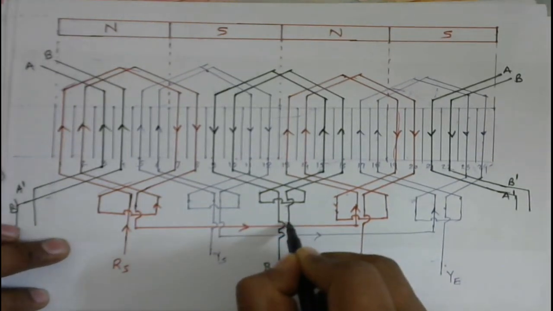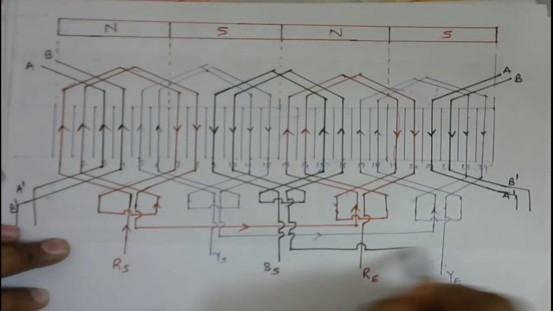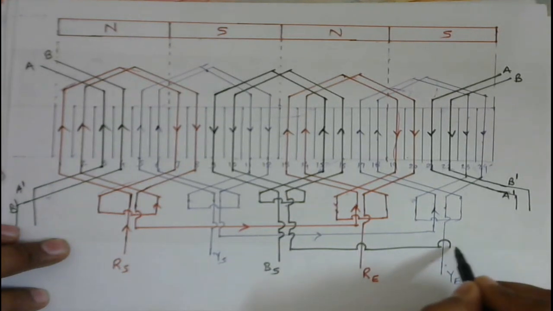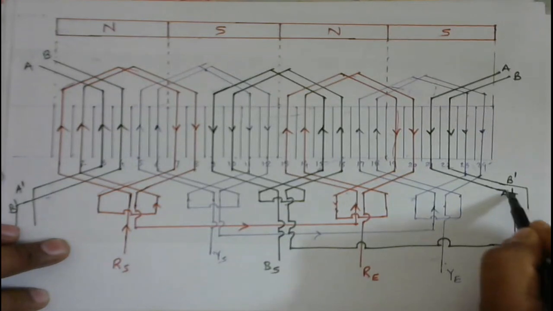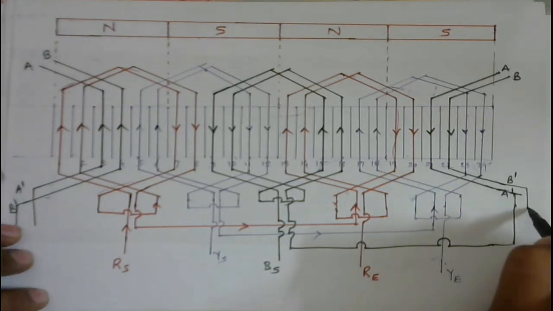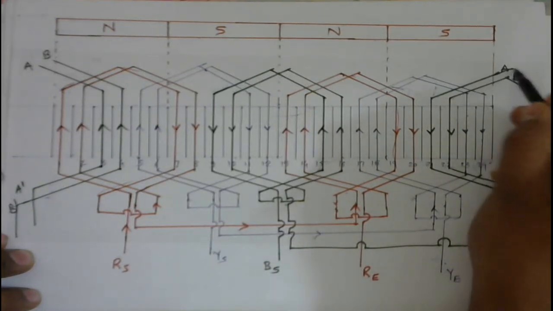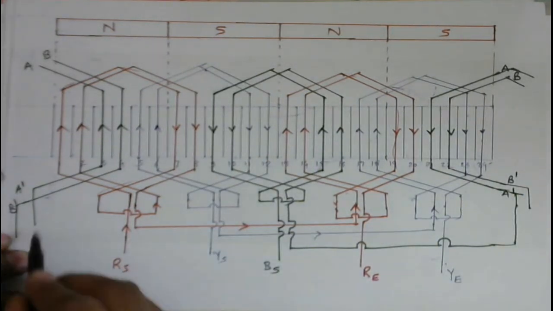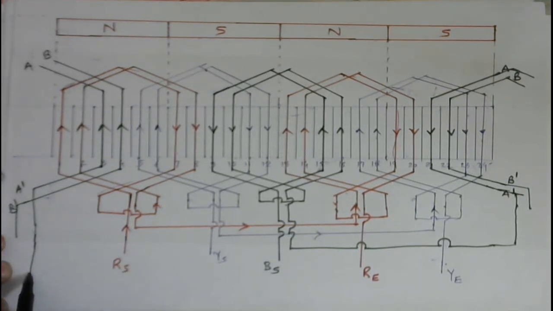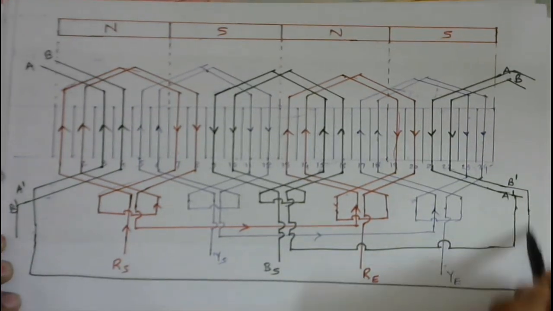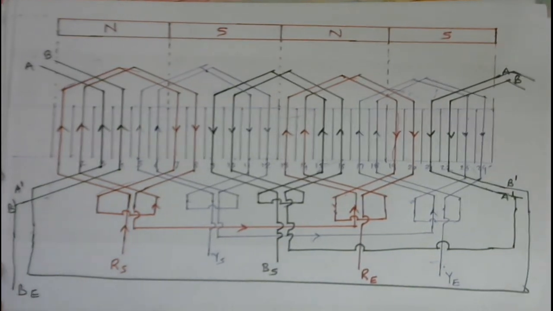This is connected to A dash, and accordingly this will be the end terminal of B phase.